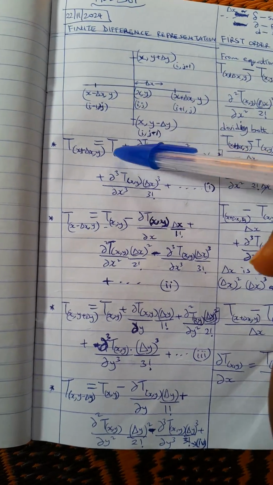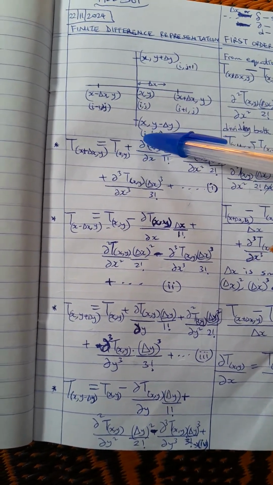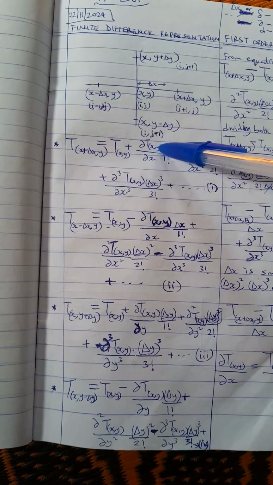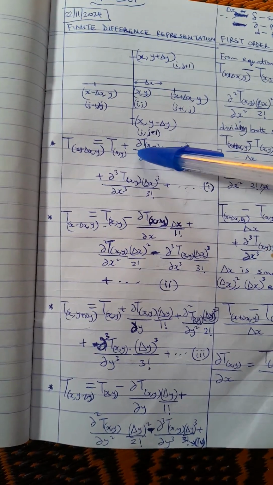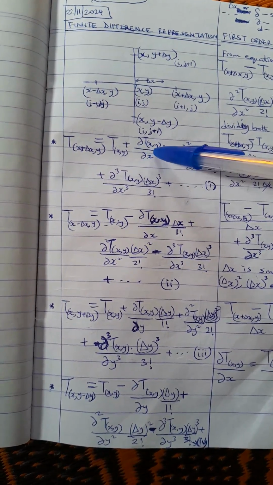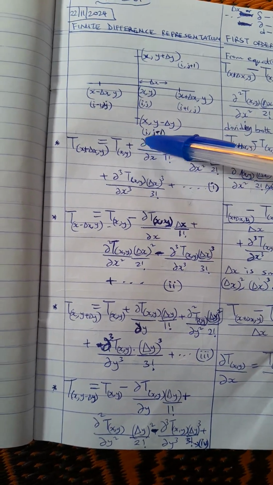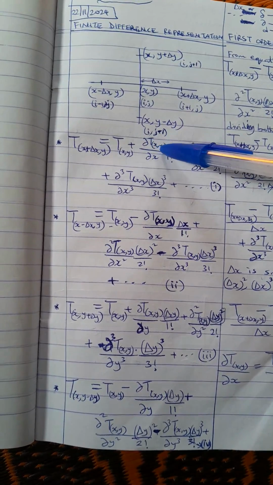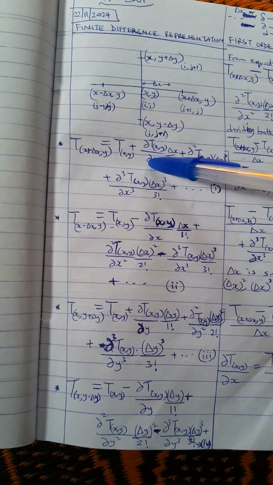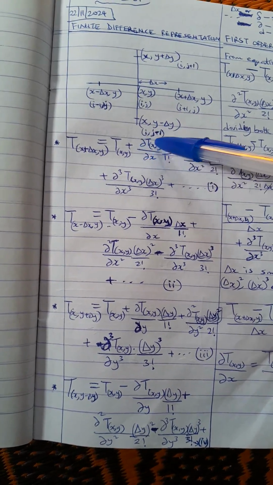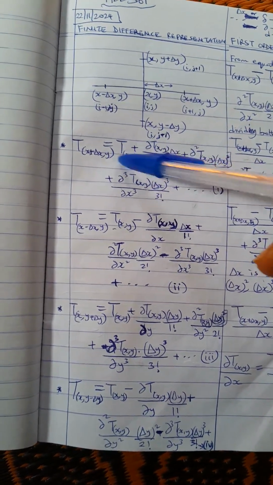This one is like this: delta power 0 T subscript x comma y divided by delta x raised to power 0. And you know delta raised to power 0 is 1. It remains T subscript x comma y. Delta x raised to power 0 is also 1. So you know the remaining thing here is what? T subscript x comma y.